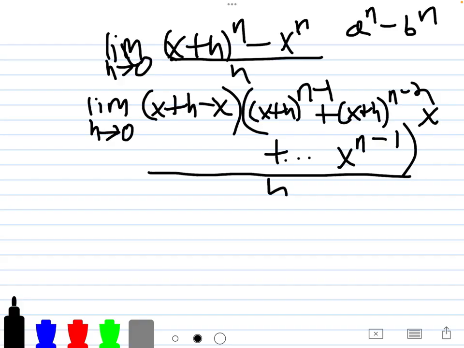Now, we can further simplify this first factor, because we can cancel out the x's, so all we would get is h in the first factor.